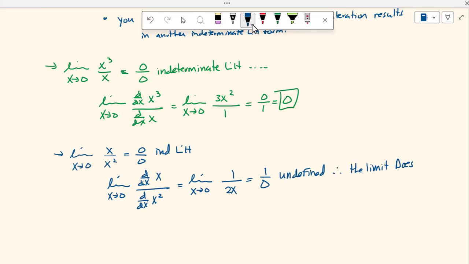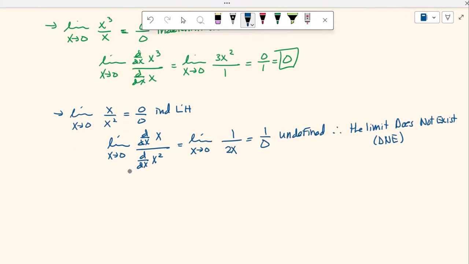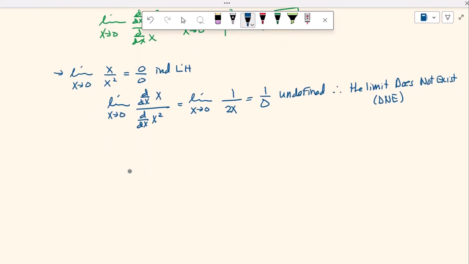So we probably have not talked a lot about limits since Calc 1, but we use an abbreviation there, DNE, does not exist. I want to talk more about this because not only does the limit not exist, but I could probably figure out if it's approaching positive or negative infinity if we plugged in some values here, or if I recognize this parent graph. So this graph of 1 over 2x looks something like this.